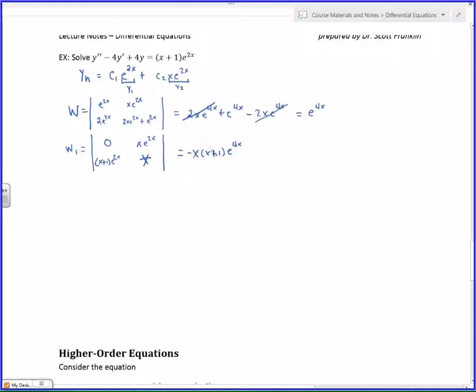But there's a minus up front. W2: e to the 2x, 2e to the 2x, 0.